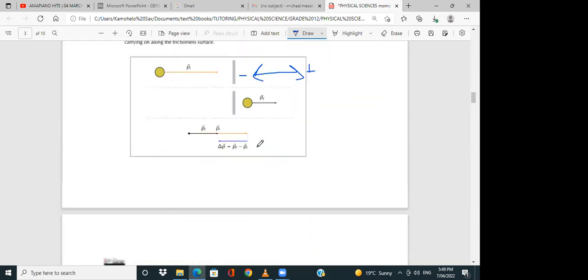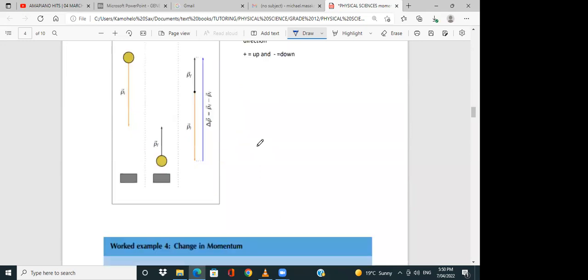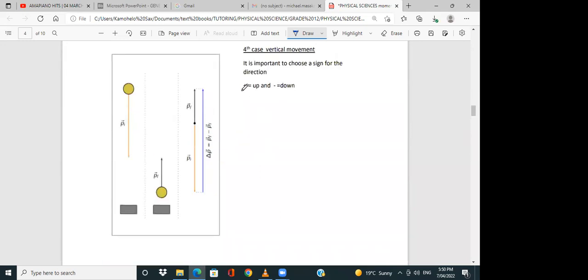Now let me do one where we are moving vertically, whereby my upward movement can be positive and my downward movement can be negative. It's related-ish in a way to vertical projectile motion, but it's not vertical projectile motion. But if you know vertical projectile motion, then you can see what's happening here.